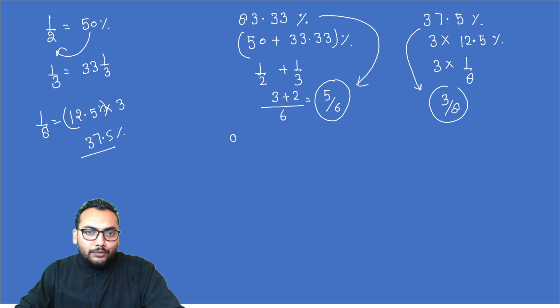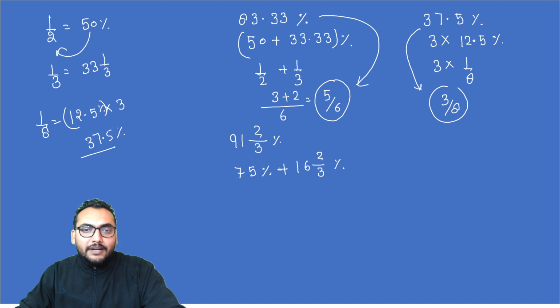Now let us suppose I want to convert 91 whole 2 by 3 percent into a fraction. I can write it as 75% plus 16 whole 2 by 3%. 75% is basically 3 by 4, and 16 2 by 3% is 1 by 6.